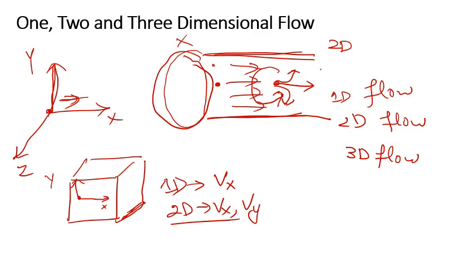And if we are considering the depth of the room, not only the height but also the width, then we are considering all three velocities vx, vy, vz, and this is called three dimensional flow. Okay, so this is the detail of one dimensional, two dimensional and three dimensional.